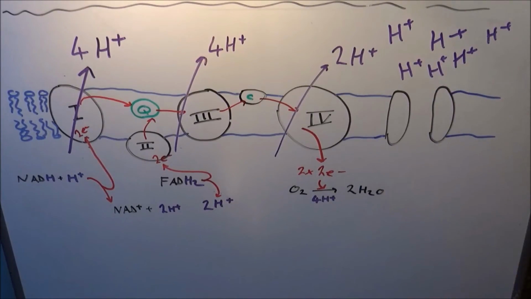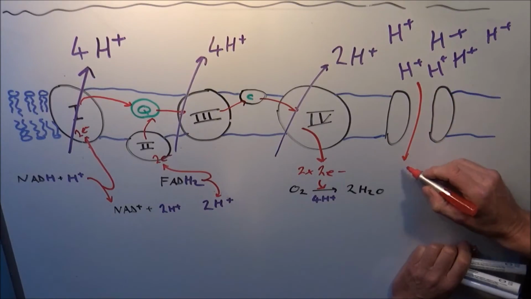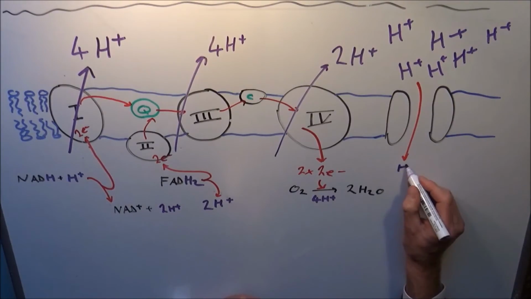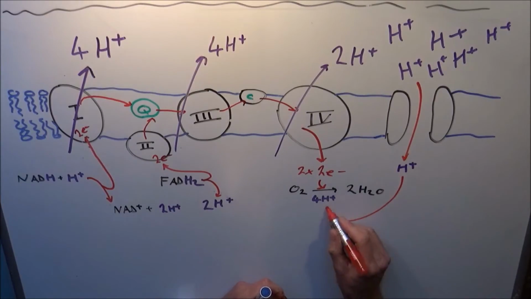And so they're allowed to flood through this channel. So the H pluses can then come back into the matrix, and then they are used to make water.